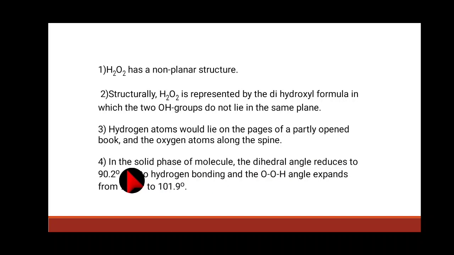Point number 4: in the solid phase of the molecule, the dihedral angle reduces to 90.2 degrees due to hydrogen bonding, and the OOH angle expands from 94.8 degrees to 101.9 degrees. So these are the points we should write.